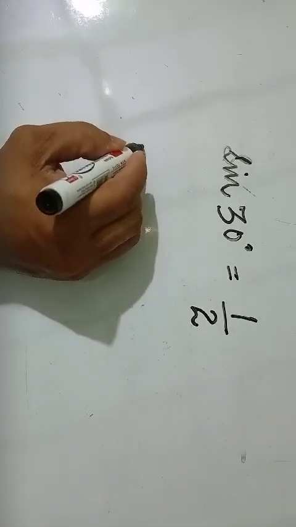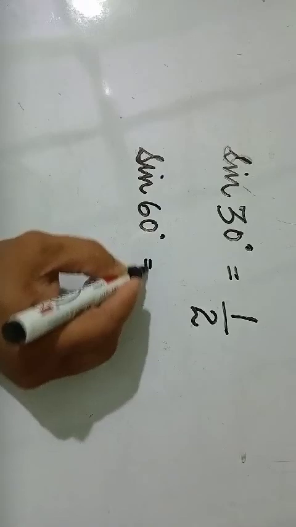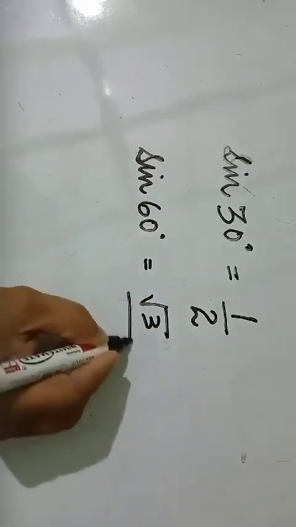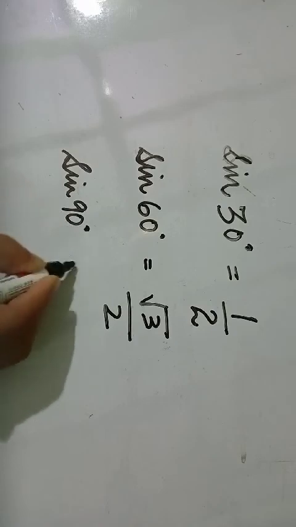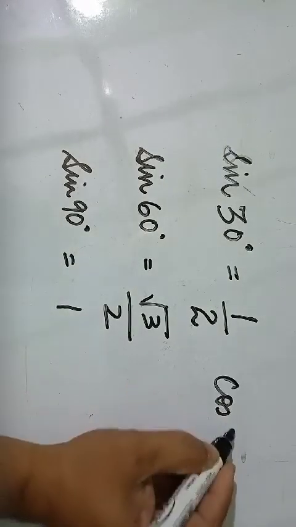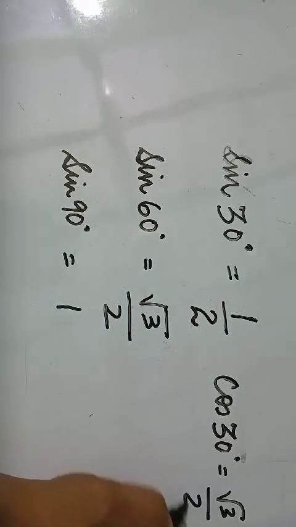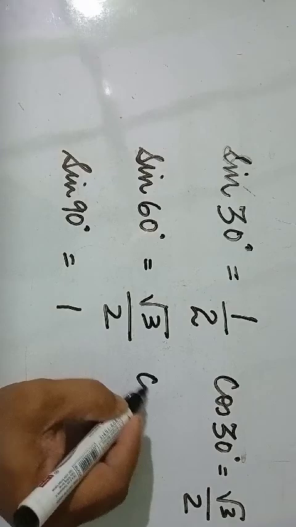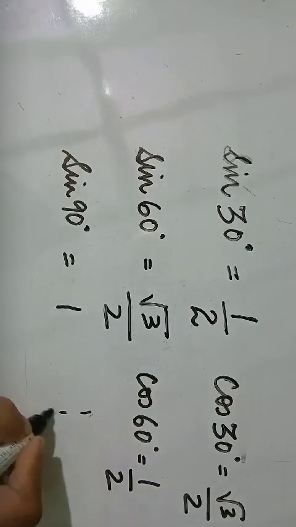Similarly, you can have sine of 60 degrees as root 3 by 2, and then sine 90 as 1. Then you can also take the cosines. Cos 30 is root 3 by 2. Then you have cos of 60 as half, and so on and so forth.